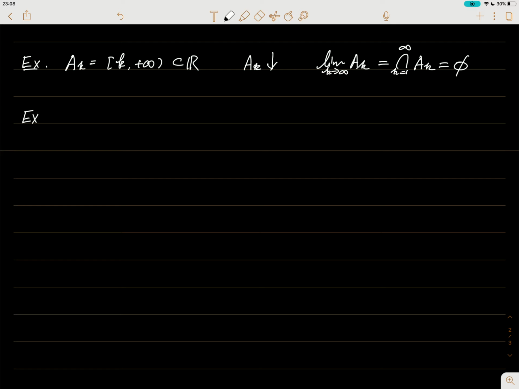Another example is, let's say we have a sequence of functions f1, f2, f3, and they are non-decreasing. And also f_k is converging to f. In this case, we can simply denote this by f_k goes up to f.